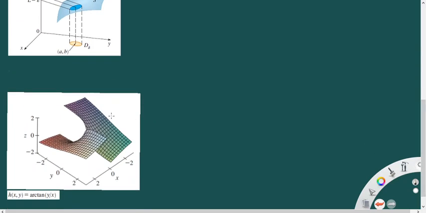Okay, talking about continuity, in single variable you were working with some functions that were something like this. And let's say here this is x and this is y.